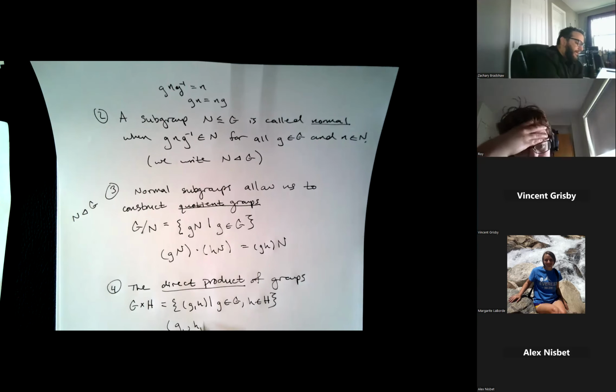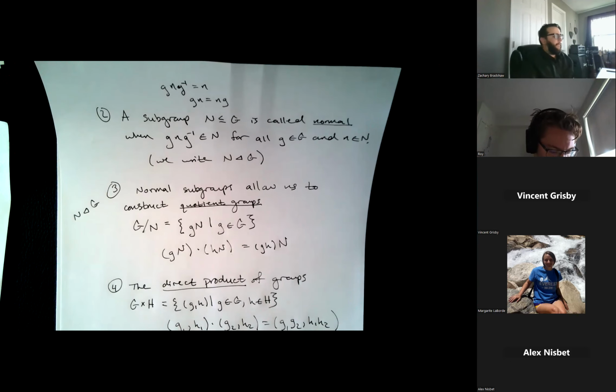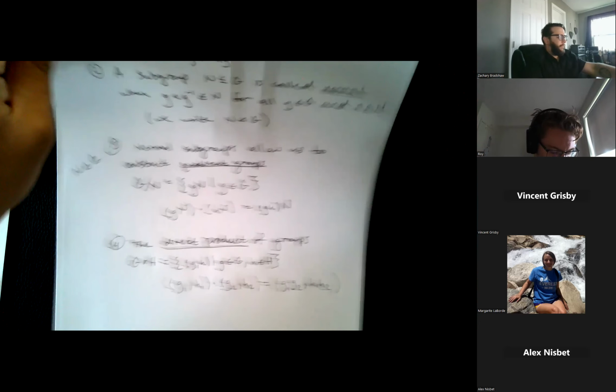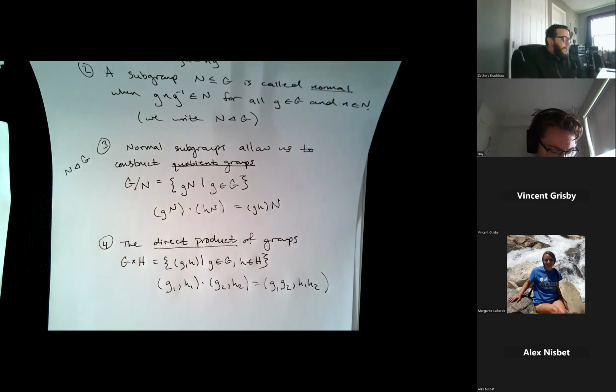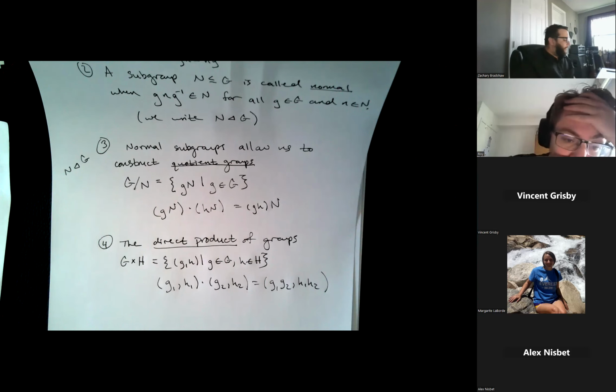So if I have (g1, h1) and I want to multiply it by (g2, h2), that's the same thing as (g1g2, h1h2). That's how we define it. And this thing is a group, and it follows from the fact that G and H are both groups.